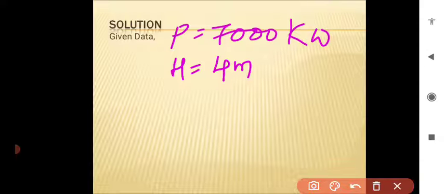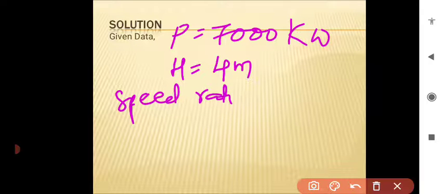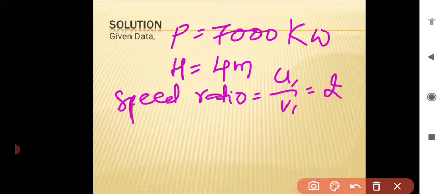Speed ratio is equal to U1 by V1 is equal to 2.